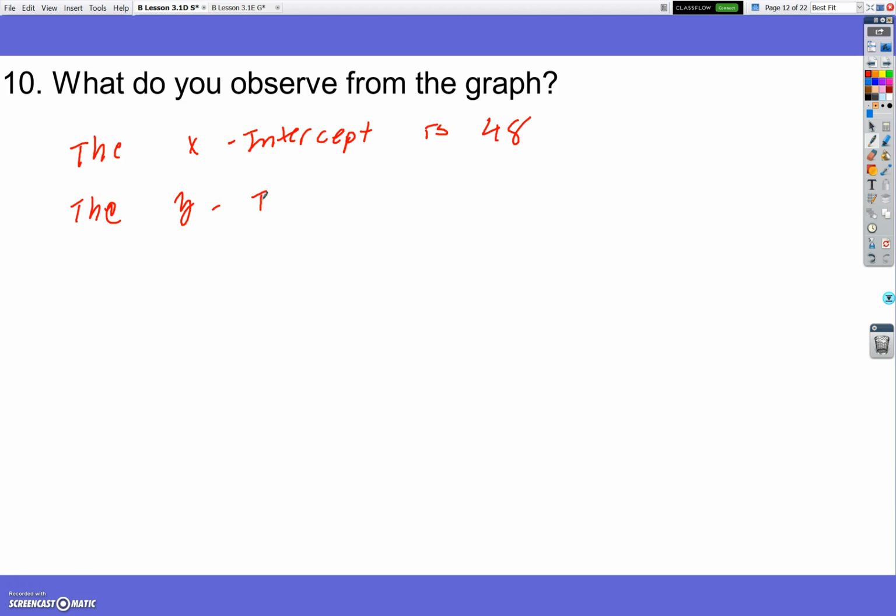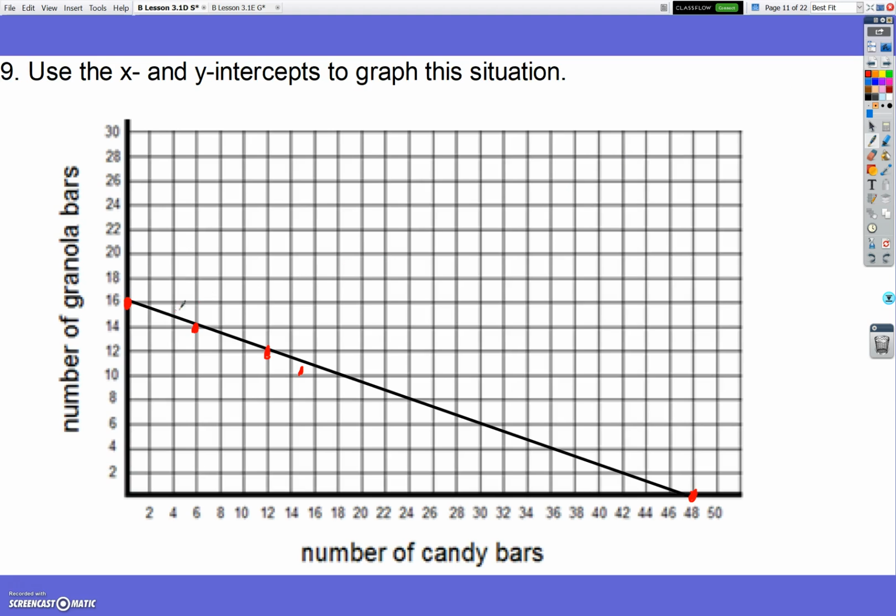The y-intercept is 16. And the slope is 1/3. Excuse me, it's going down, negative 1/3. So if you go back and look at the graph, we go down 1/3, down 1/3, down 1/3. That is the slope of this graph.